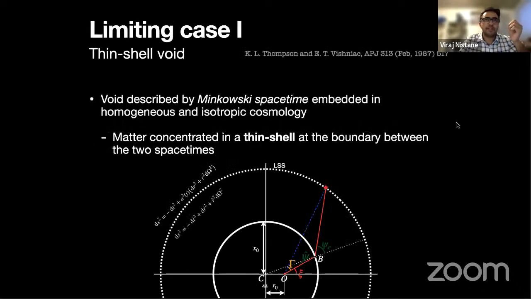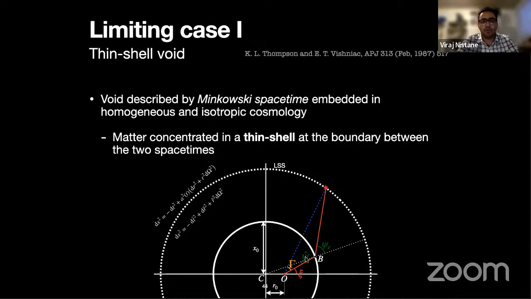So the first one is called a thin shell void. This has been studied or proposed by Thompson and Wishniak in 1987. And the idea here is that instead of having a continuous matter density distribution, we have a discrete one. So we have this void region, which is completely empty.